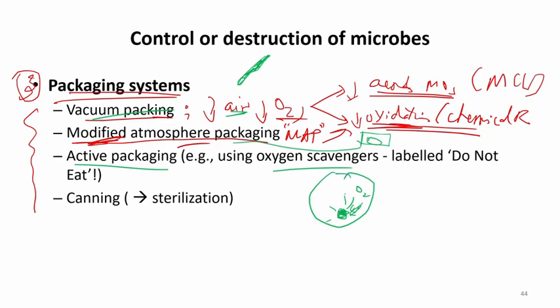So it depends on what function, what objective we need to apply. Here we can use an oxygen scavenger, meaning the material that catches all the oxygen inside. Or canning sterilization is also a way of packaging.